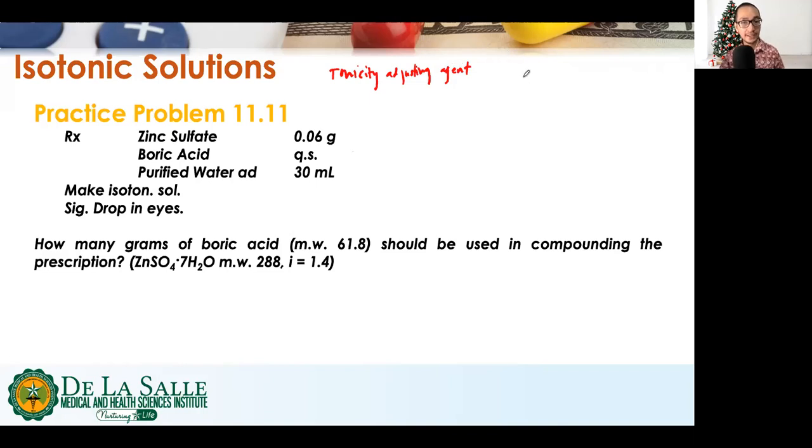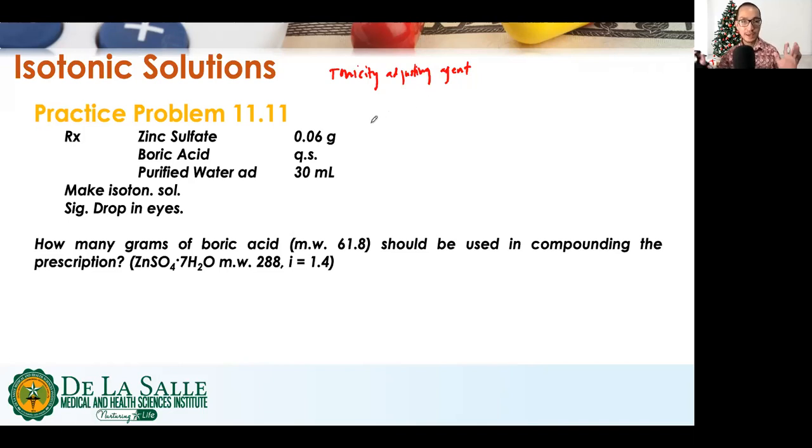For example, you have a certain medicinal agent contained in the solution that does not react well with sodium chloride, meaning it is not inert with sodium chloride. So you need to use another tonicity adjusting agent in order to prepare an isotonic solution.